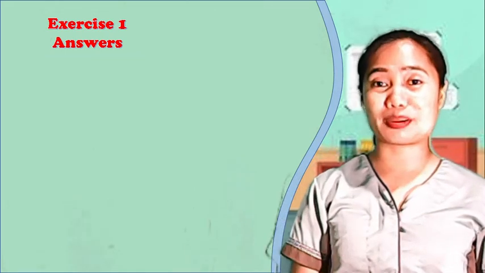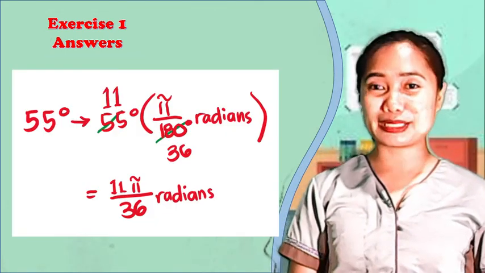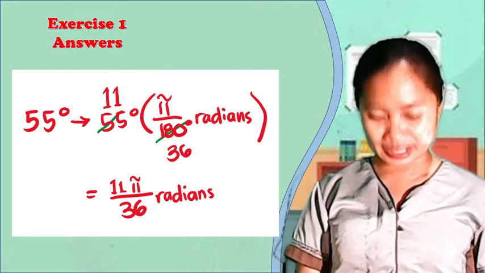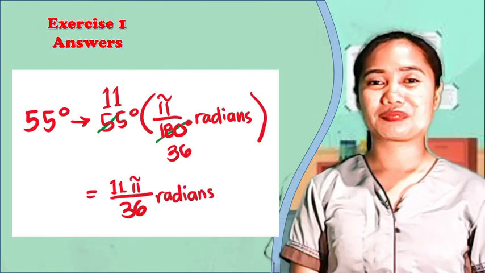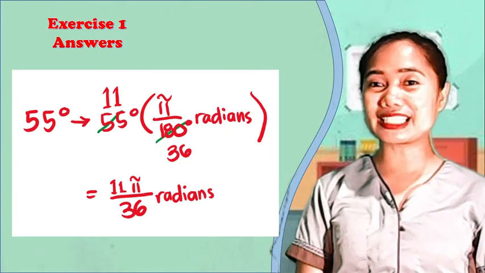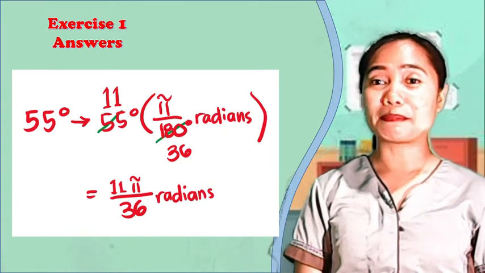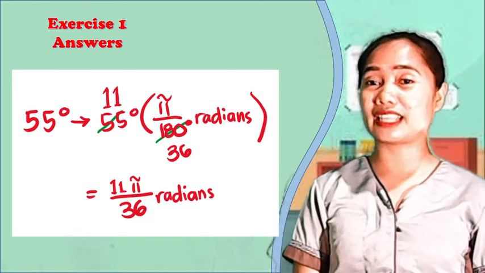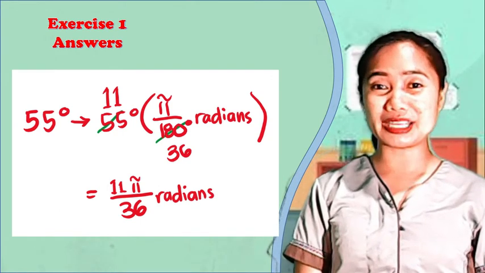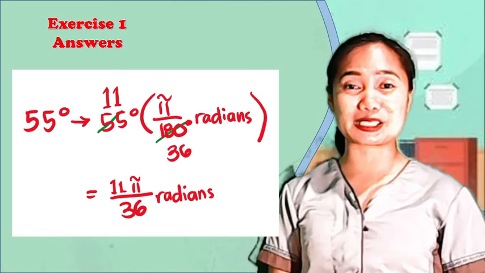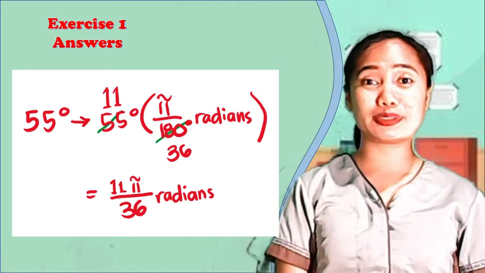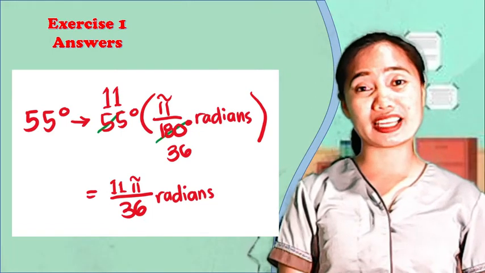Continue with number 2. Number 2 is given as 55 degrees. 55 degrees multiplied to pi over 180, that would be 55 pi over 180 radians. But we should reduce 55 over 180 into lowest term.